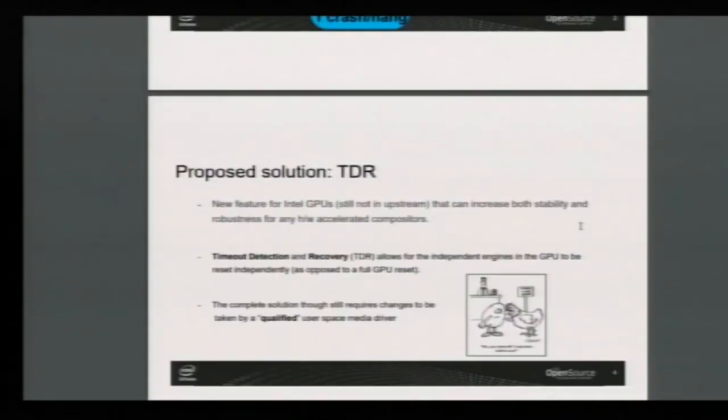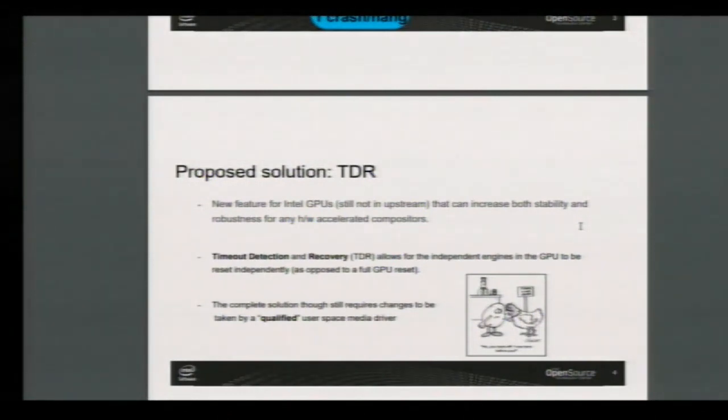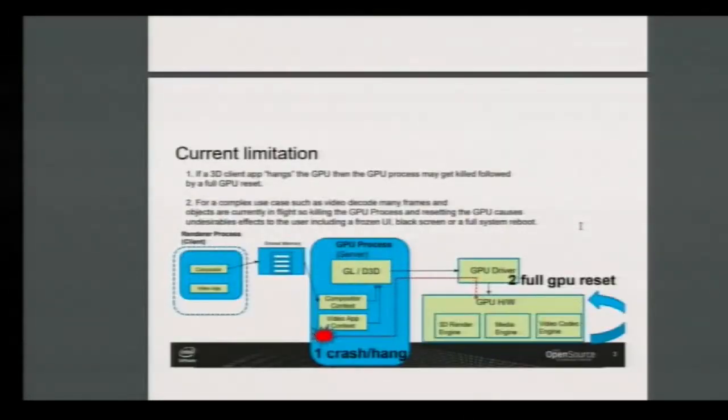To my surprise, the solution was actually sitting on the DRM mailing list. There's a patch series called Timeout Detection and Recovery, and it has been sitting on the DRM mailing list for about a year now, and it gives me the ability to reset the media engine.